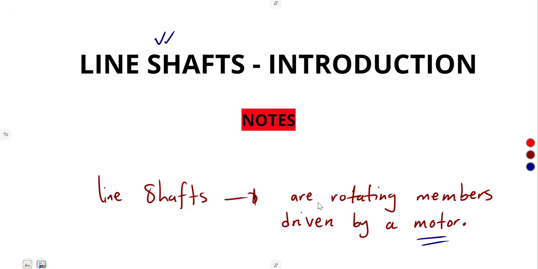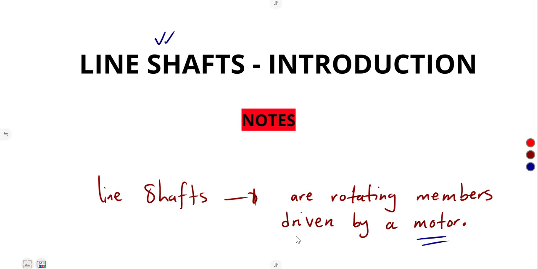The moment you consider a motor, you must also have the basic principles of an electric motor. The basic principles of the line shafts are based on the components used to transmit power and their arrangement.